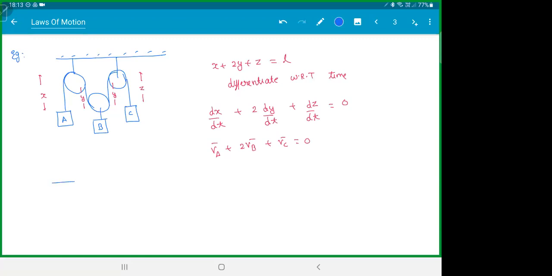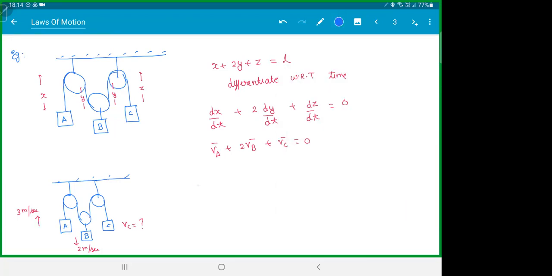For example, if someone had given you the numbers, let's say A is going up with 3 meters per second, B is going down with 2 meters per second, and you want to find the velocity of C. Substituting in this formula, let's keep the convention simple, up positive, down negative.